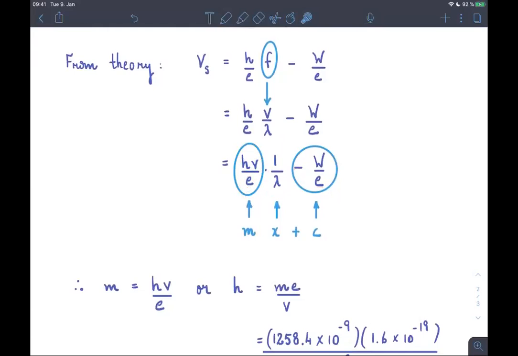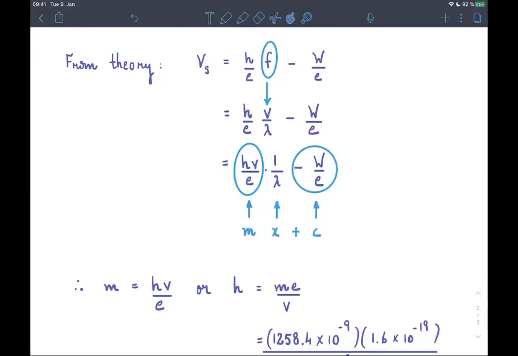So this equation is showing us that we need to plot the stopping voltage on the y-axis against the reciprocal of the wavelength on the x-axis.